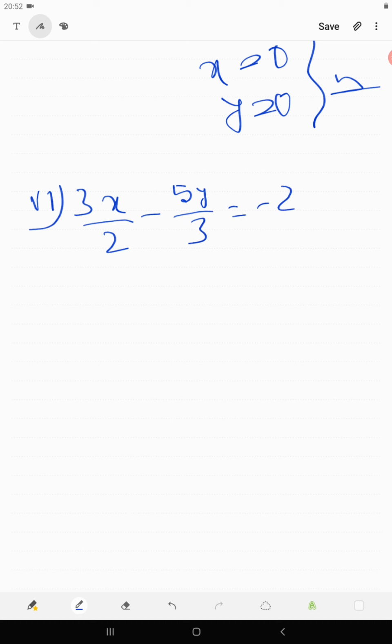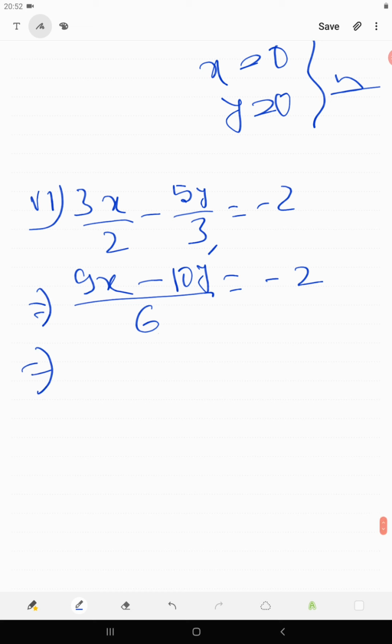As I have told you, take LCM first. So LCM of 2 and 3 is 6. Now 6 divided by 2 is 3, and 3 will be multiplied with 3x, it will give you 9x. Then minus, 6 divided by 3 is 2, and that 2 will be multiplied with 5y, it will give you 10y. That is equal to minus 2.